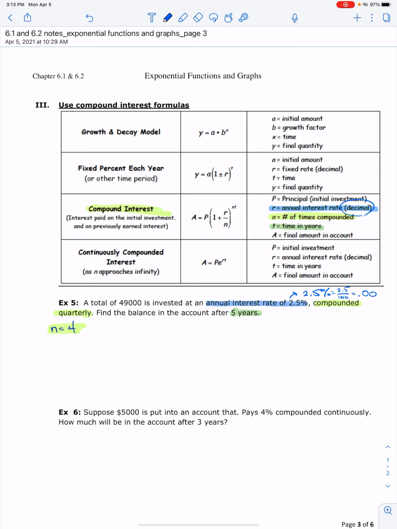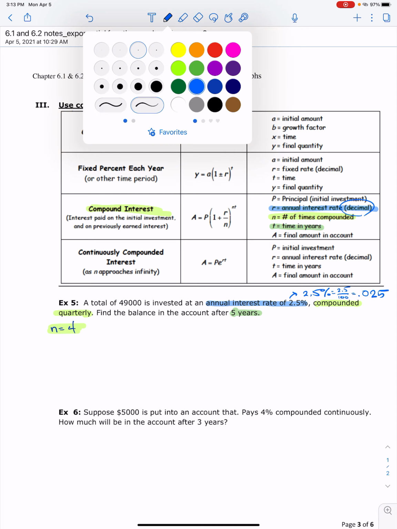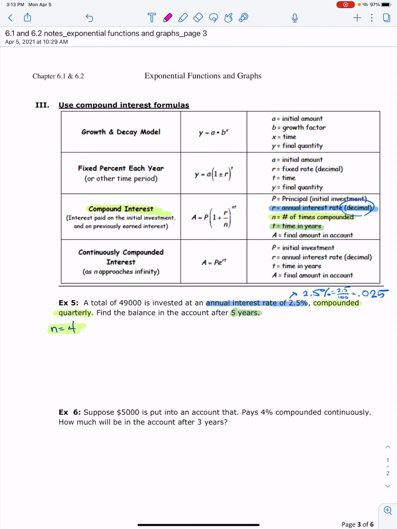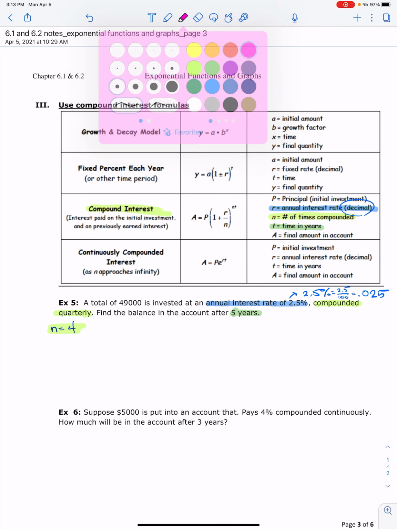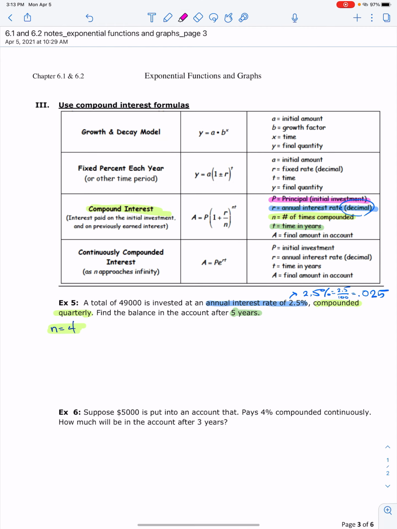When we divide that, that moves our decimal place 2 to the left. So there's our interest rate, 0.025. We have our principal, which is our initial investment. There's our $49,000.